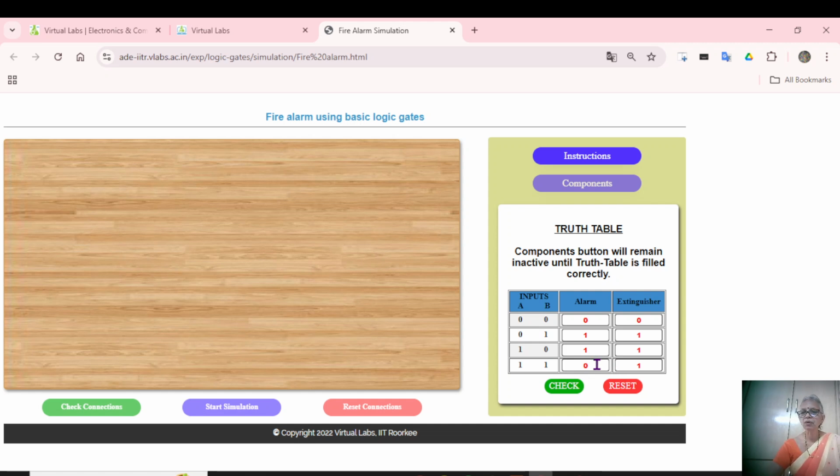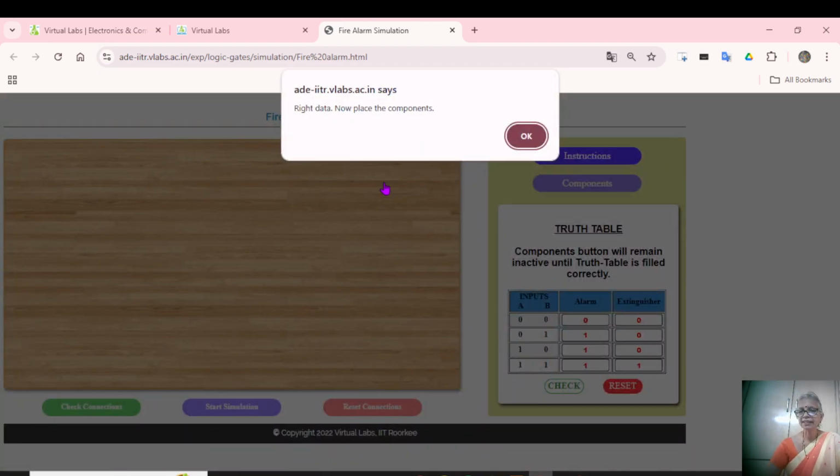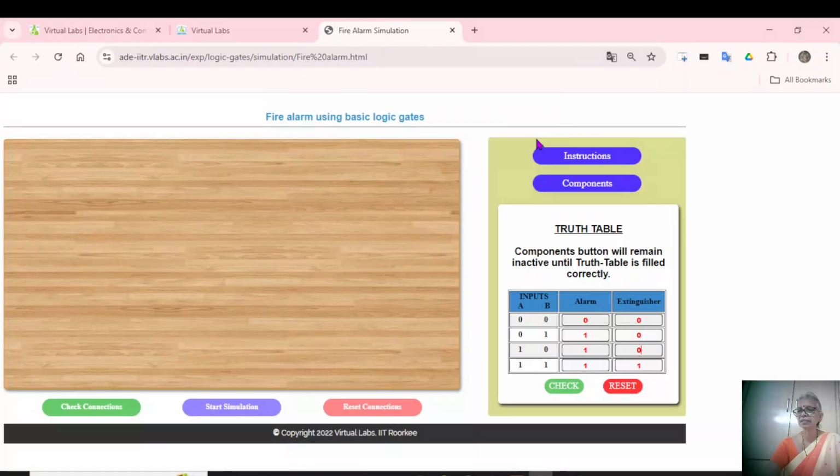So now what you have to do is fill it up properly. Now you check. It prompts saying that the data you entered is right. Now you can place the components. This will not be highlighted unless the truth table you've given is correct.